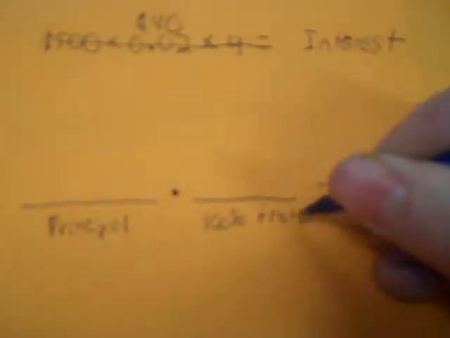So go to your scratch paper, write blank times blank equals blank. And then set these up: principal, 100% plus the rate to the power of the periods I have, and then new balance.